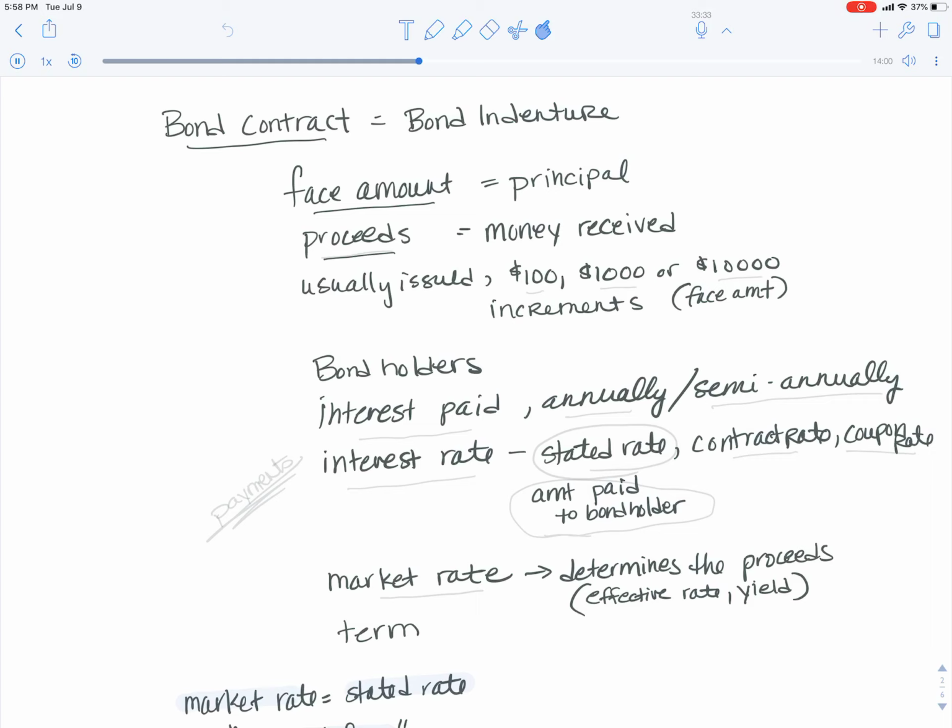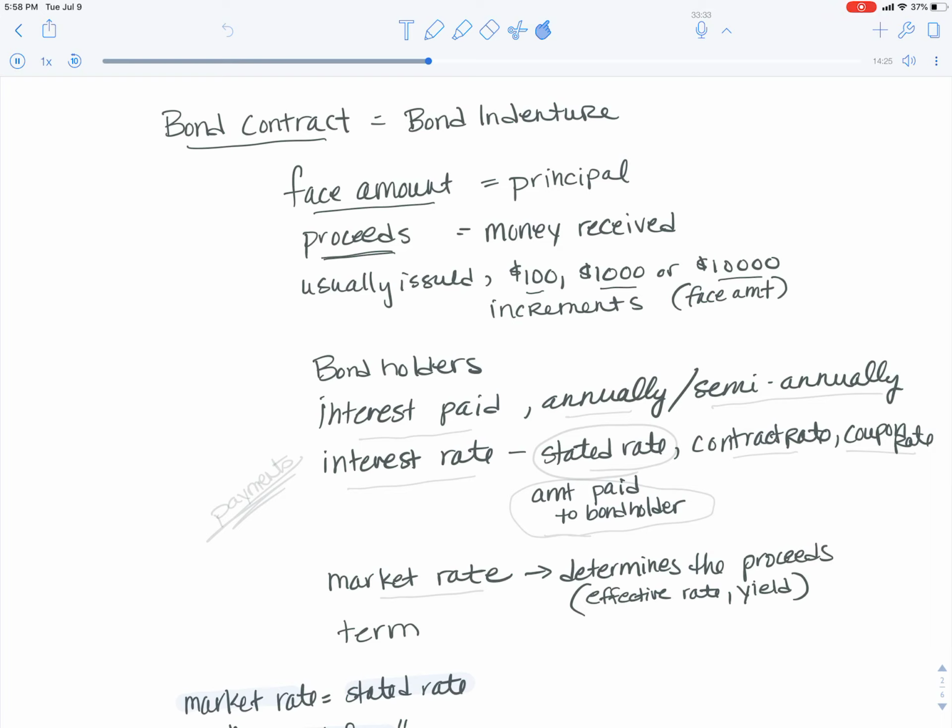So we're going to give our bondholders, who are going to give us money, a piece of paper that's a contract, and we promise to pay them back. Those are our proceeds that we receive from them. And usually bonds are in increments of 100, 1,000, or 10,000.